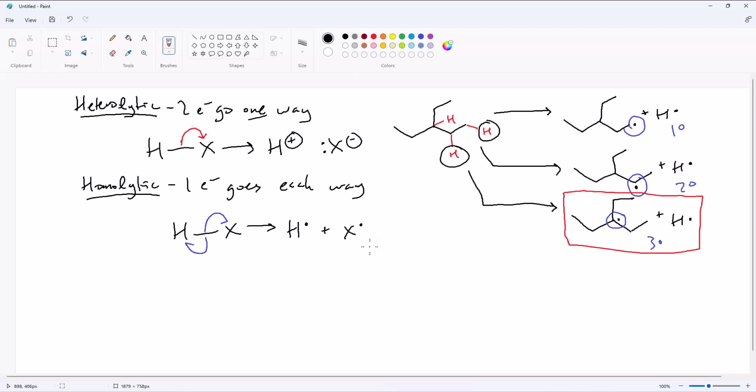It turns out that we can form even more stable radicals when we have resonance. Let's look at this structure. The two most obvious H's that we could abstract are these two here.